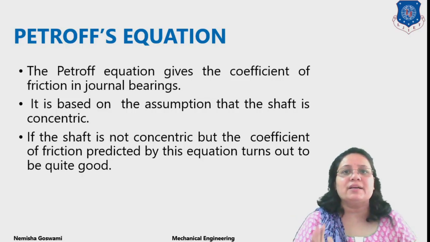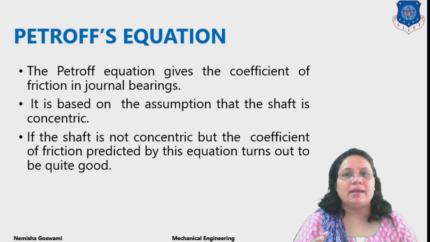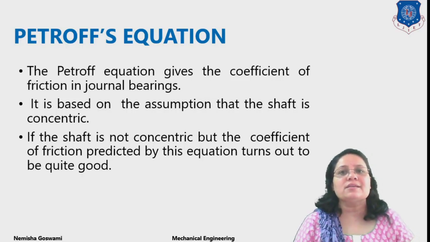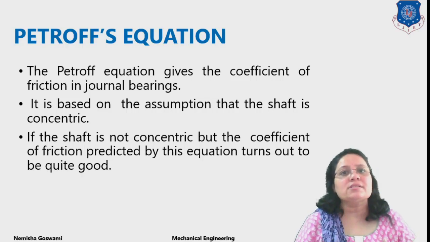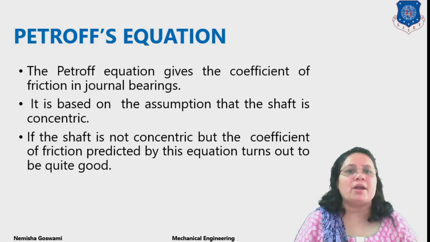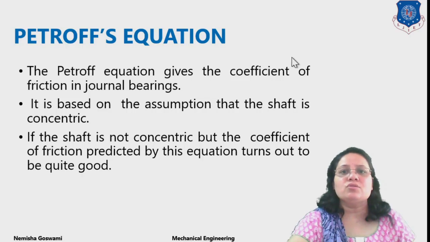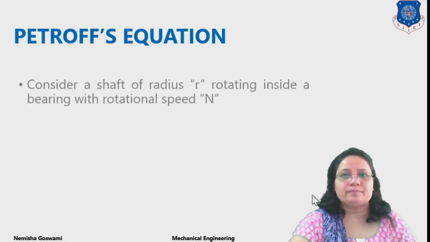First we consider that the center of the shaft is the same as the center of the bearing. If this is not possible, for example if the shaft is not concentric, then the coefficient of friction obtained from the Petrov equation still gives good results.